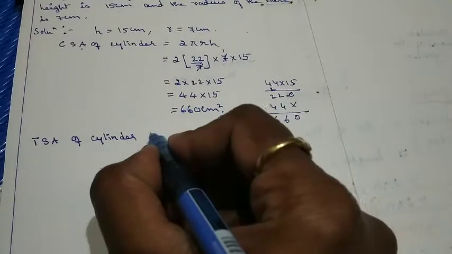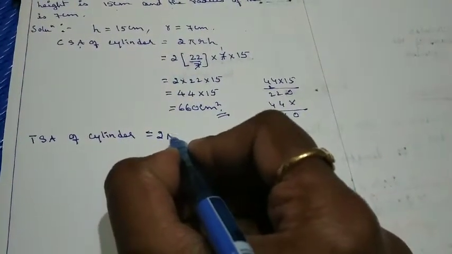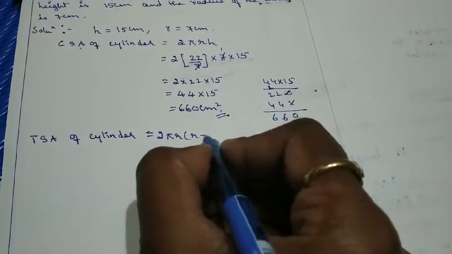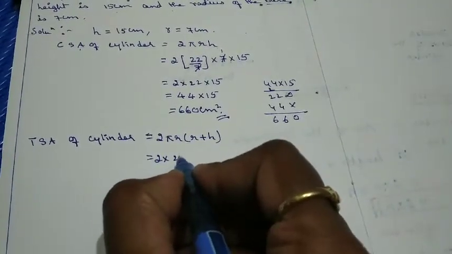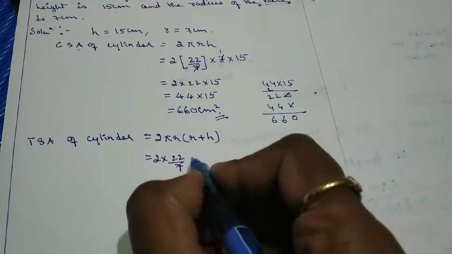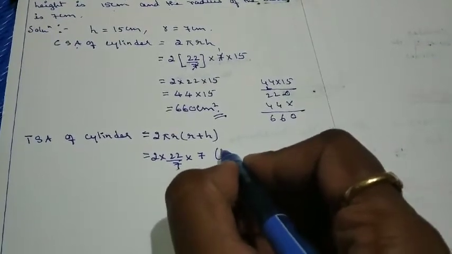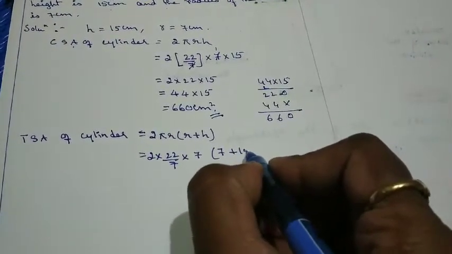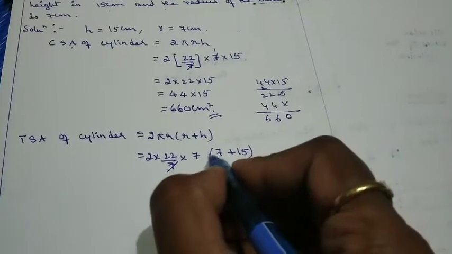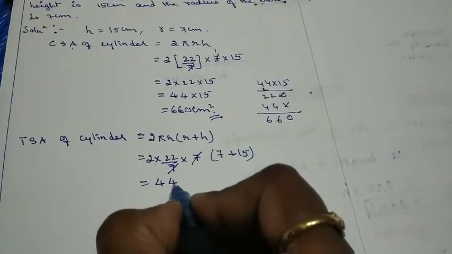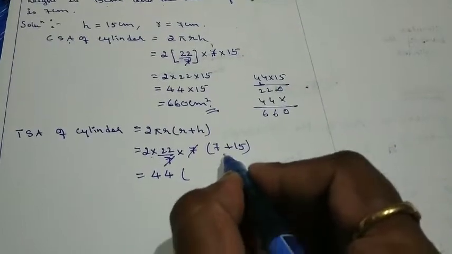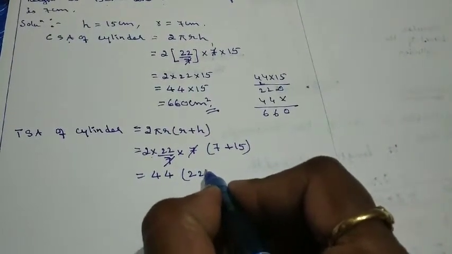This is about CSA. Now we'll find the TSA of the cylinder. So TSA of cylinder equal to 2 pi r into r plus h. Then 2 into 22 by 7 into the radius 7 plus the height 15. This 7 gets cancelled. 2 twenty-twos are 44 into 7 plus 15 is 22.